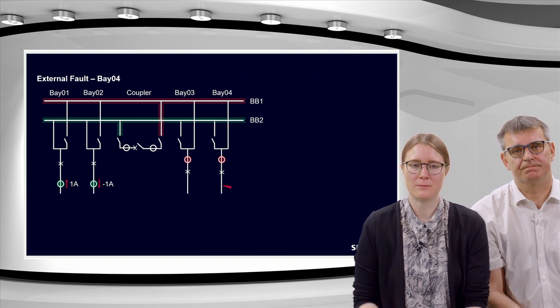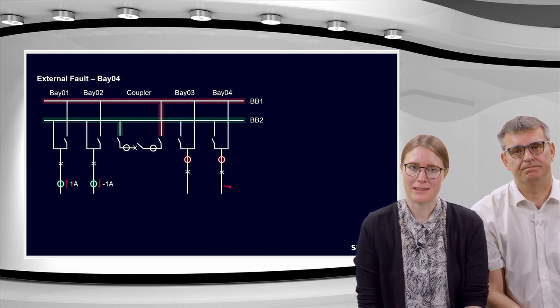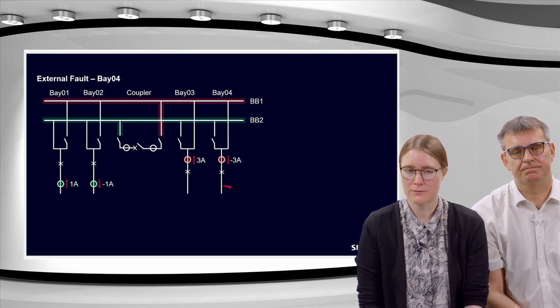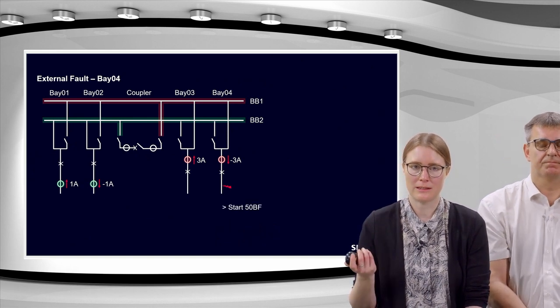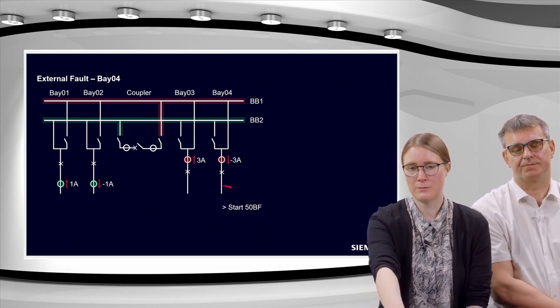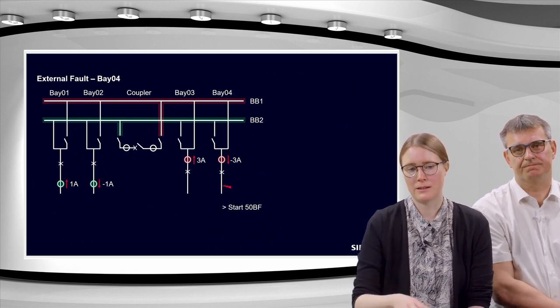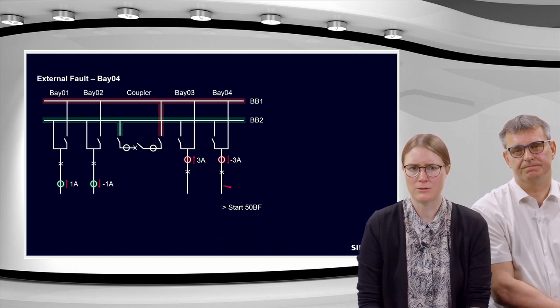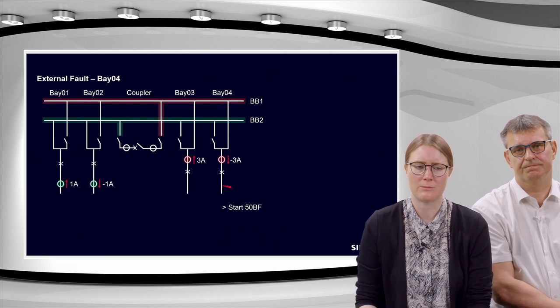And now let's assume there is a fault, and the current, for example, increases, flowing towards the fault, and we receive a start signal for the circuit breaker failure protection, because, for example, a remote line differential protection system tried to trip this line and the breaker failed.